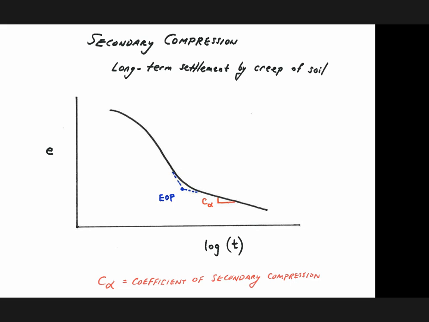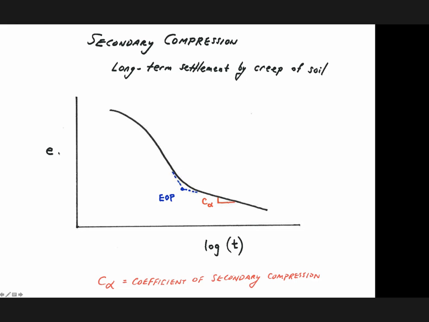And that's the same as C sub C and C sub R. They're all the same methodology to get to them. And for that matter, these can also be defined on a strain basis as well. I have it shown here as a void ratio, but there would be a C sub alpha sub epsilon where this axis would be epsilon.